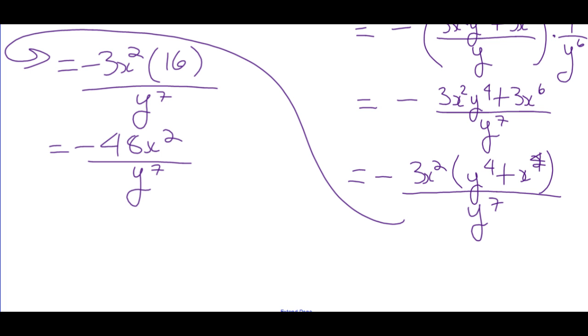That's just my original expression, right? And so that is equal to 16. And so we throw the 16 in, and there we are, right? So much simpler than you might have expected. There's no y primes in there, so it's just negative 48x squared over y to the 7th, which is the rate of change of the rate of change of the original x to the 4th plus y to the 4th equals 16. Okay?